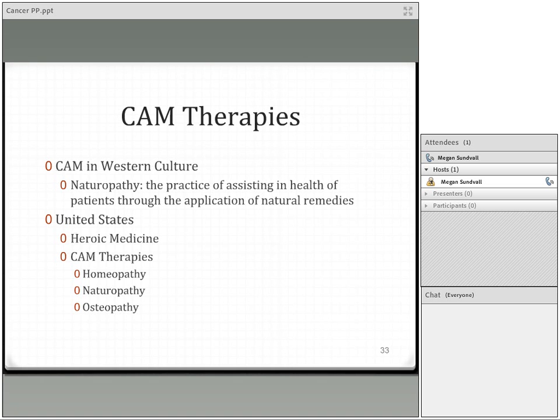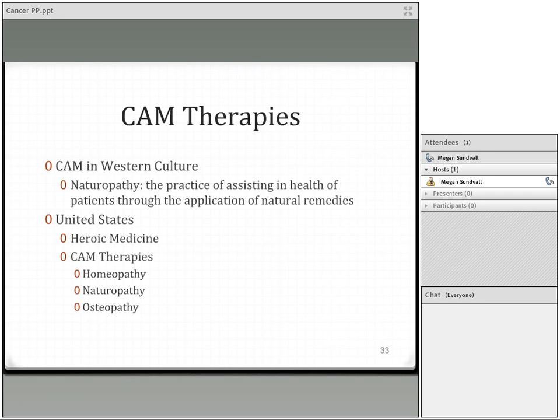CAM in Western culture is typically looked at as naturopathy, so the practice of assisting in health of patients through the application of natural remedies. So hydrotherapy, herbalism, and naturopathy. In the United States, we look at different types of medicine that are practiced. The most common type of medicine in the United States is going to be heroic medicine.